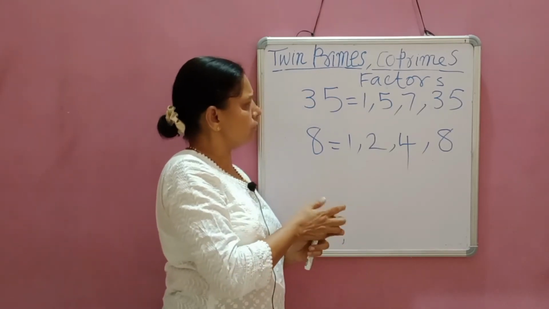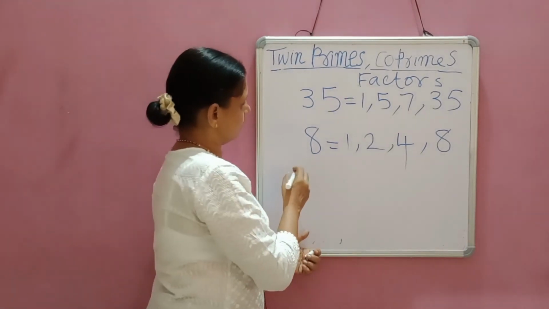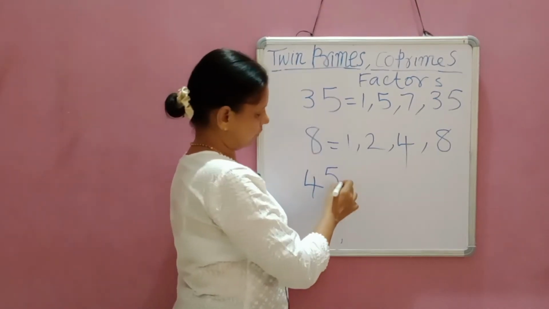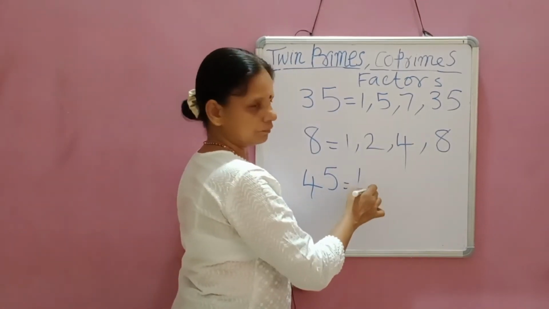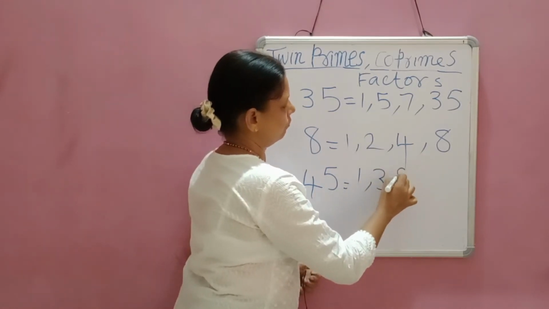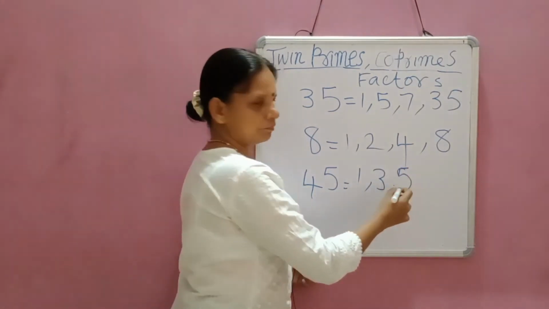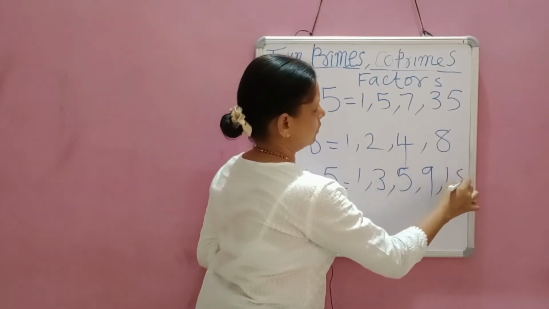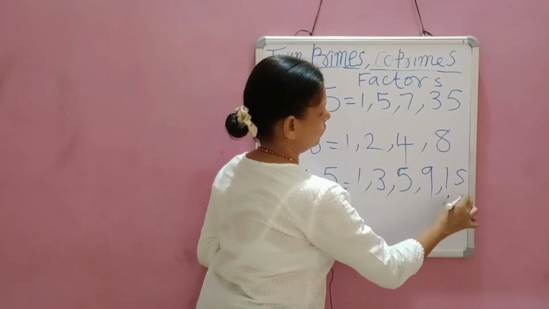Now see this example. 45. We'll write the factors of 45. 1, 3, 5, 9, 15 and 45.